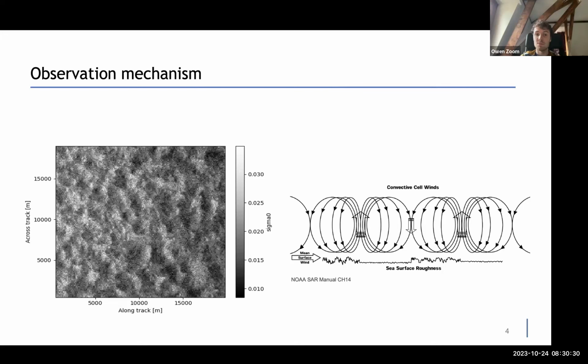So although it is wrong to use a GMF in this case, and it will introduce errors, I think for our purposes, we don't have to consider the fine scale wind direction. Ralph, does that answer your question? I don't see any aggressive typing. So.